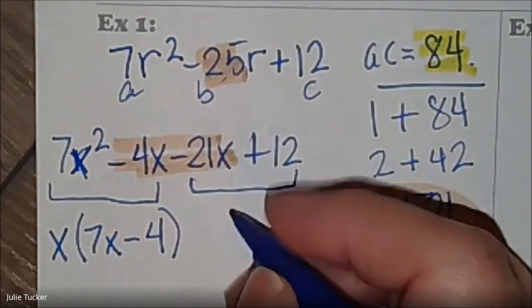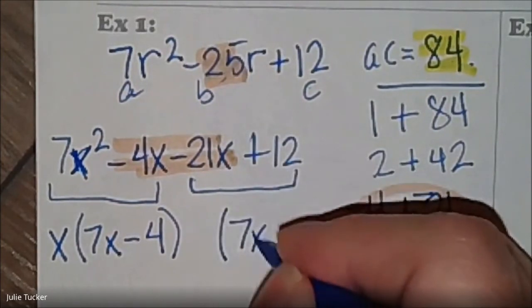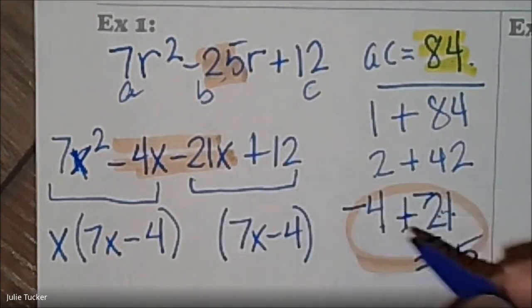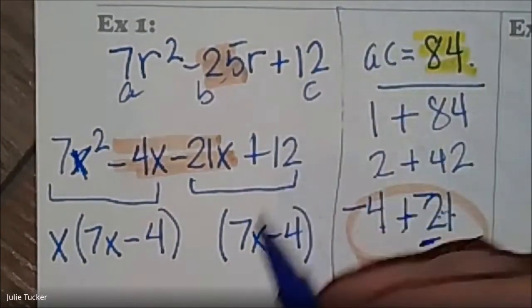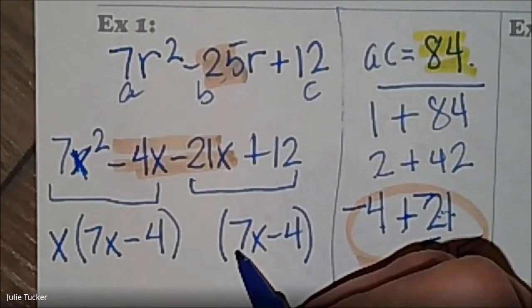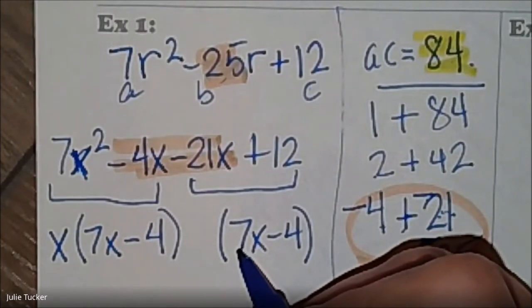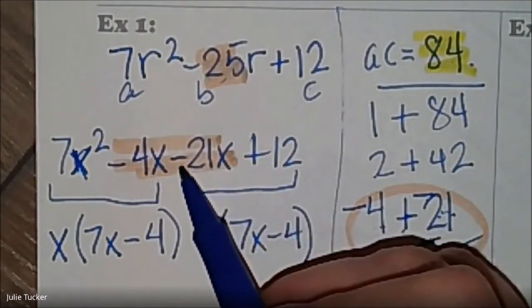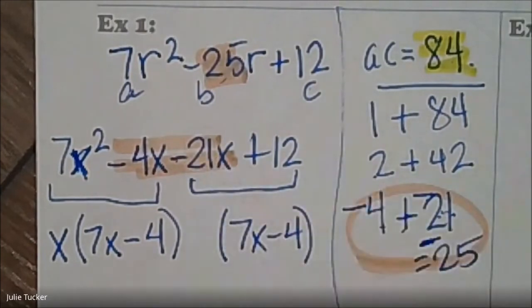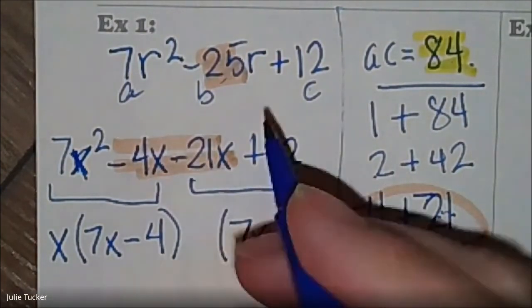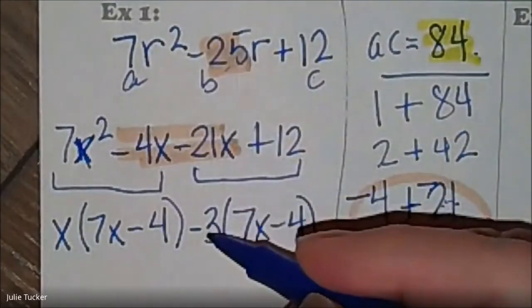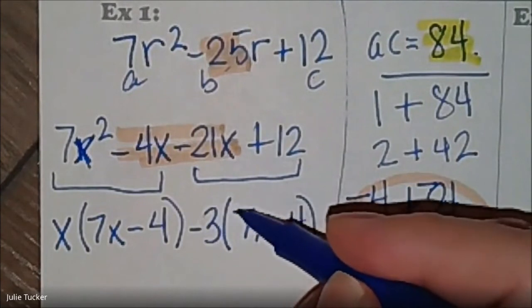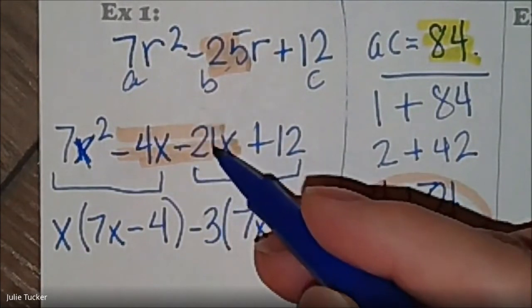Then on the next part, the parentheses have to match, because this is what we've been doing, right, with the grouping. So those parentheses match. Now I have to think, what does 7 get multiplied times for us to have that negative 21 up there? And that is negative 3. Yep. And that's going to work out because look, negative 3 times 7 is negative 21.